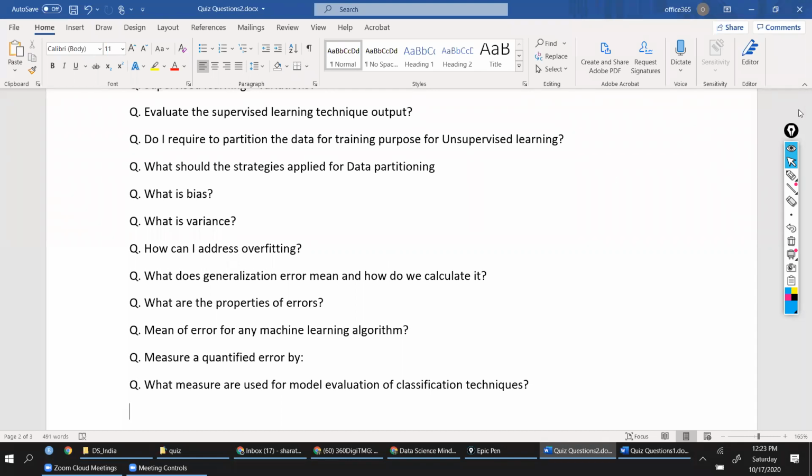What are these techniques also called? What are these measures also called? We talked about cross table, we could talk about confusion matrix, right? What are those also known as? Different names. Error functions.